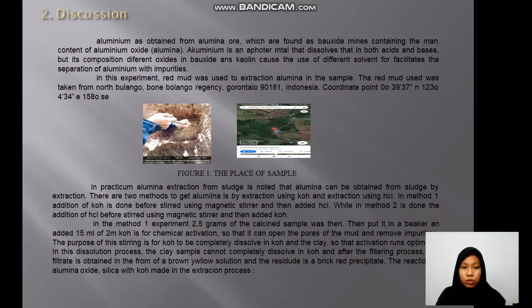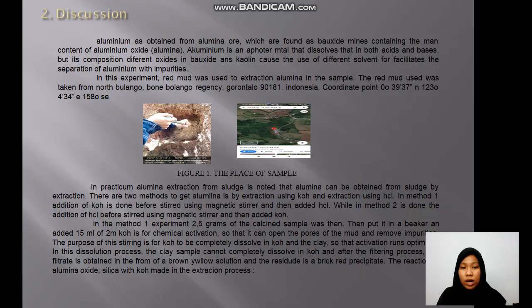There are two methods to get alumina: extraction using KOH and extraction using HCl. In method 1, KOH is added first, stirred using a magnetic stirrer, and then HCl is added.